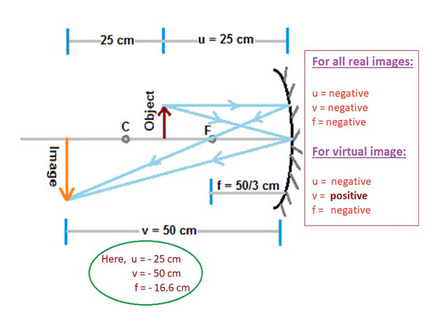It indicates the negative sign. Therefore u is not 25, it is minus 25. v is not 50, it is minus 50. f also, the distance lies on the left side of the mirror, therefore it is also minus 16.6 centimeters.